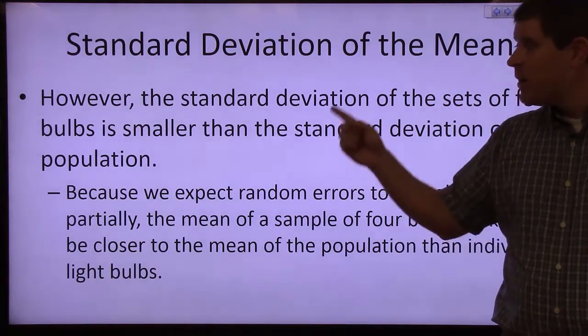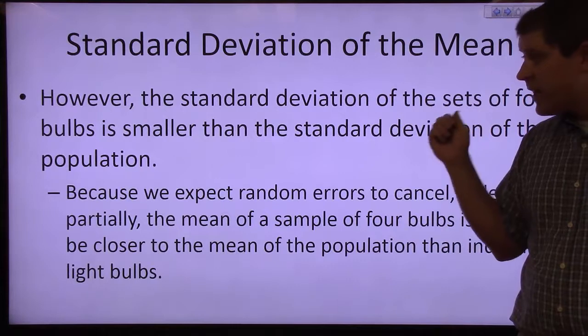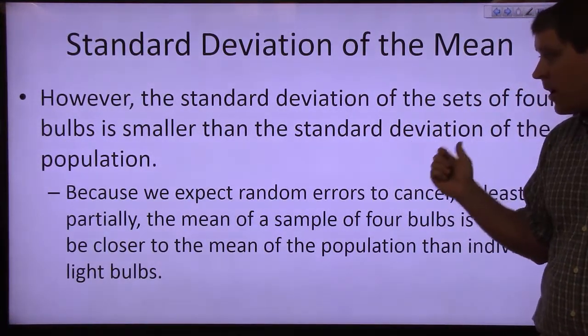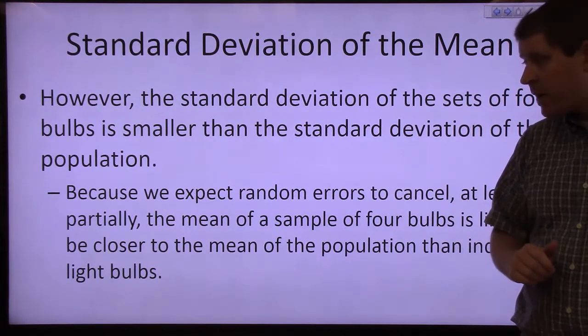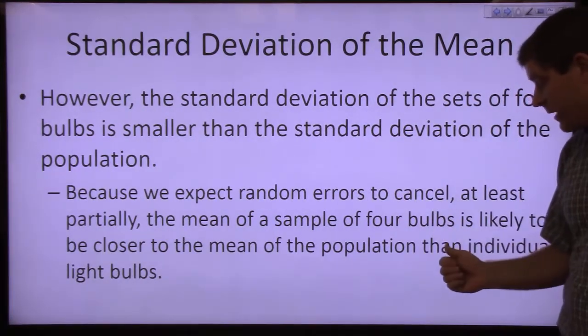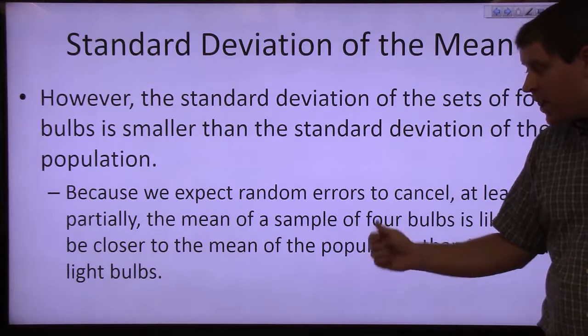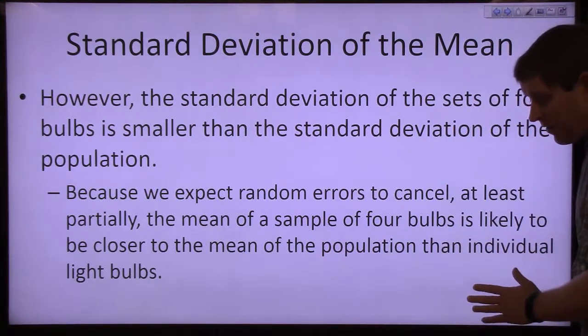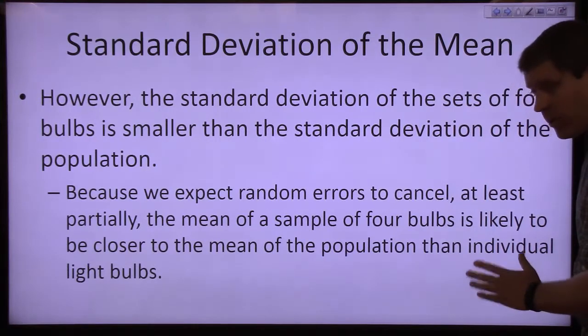However, the standard deviation of the sets of 4 light bulbs is smaller than the standard deviation of the population. Because we expect random errors to cancel, at least partially, the mean of a sample of 4 bulbs is likely to be closer to the mean of the population than the individual light bulbs.